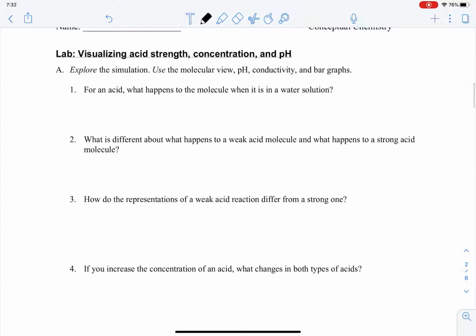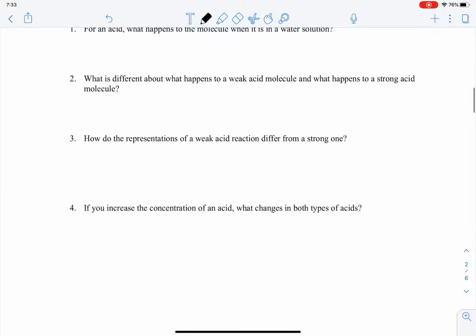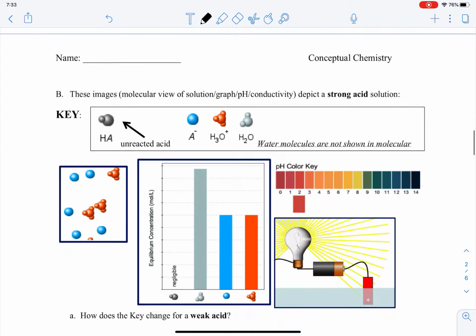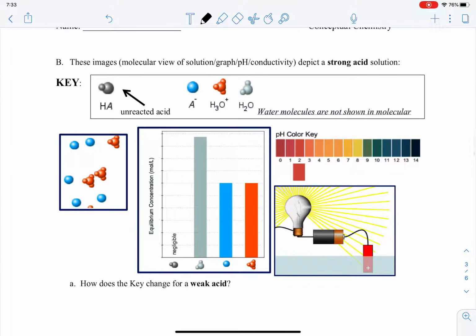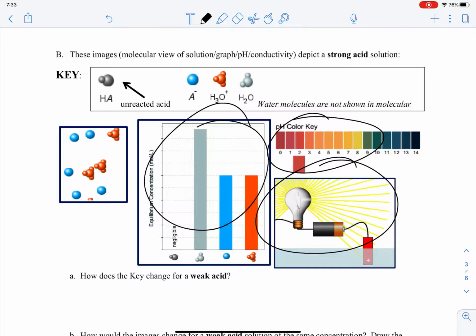For the PhET simulation, the questions basically ask you to go over the conductivity, molecular view, pH, and bar graphs, all of which we saw in the video, and to compare strong acids and weak acids. On the last page, we have images from a strong acid solution. You can see the conductivity, the pH test, and the bar graph.